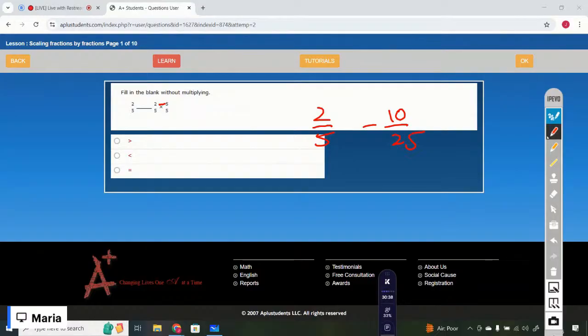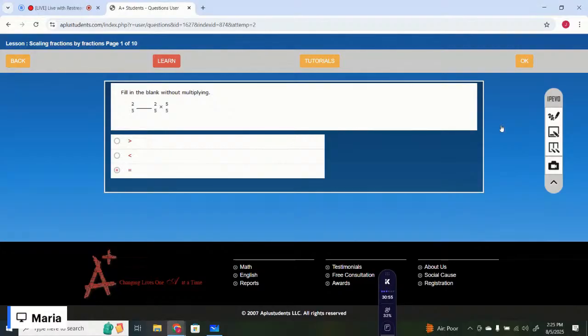So 2 by 5 is equal to 10 out of 25. They both are exactly equal, right? So the correct option is they are equivalent fractions. Option number 3 is the correct option.